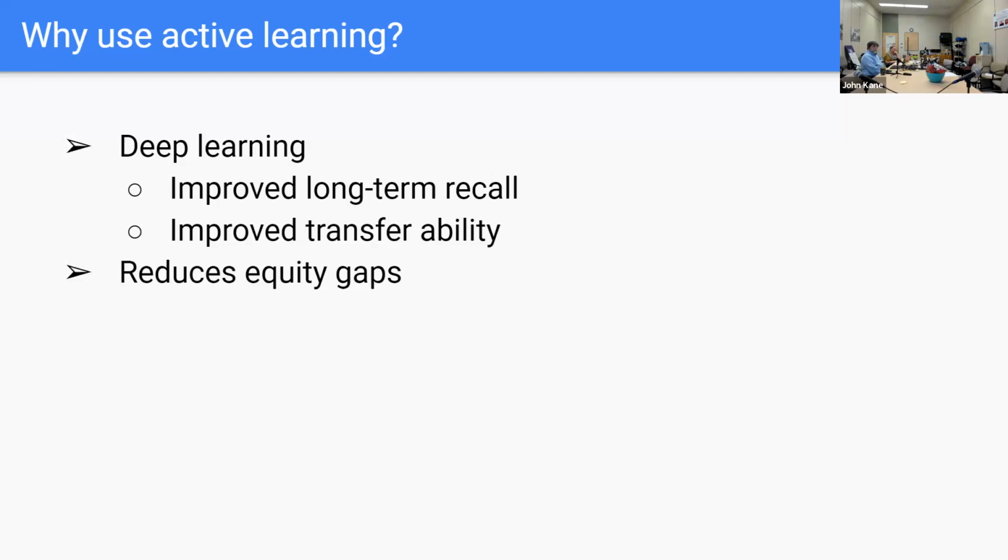And we know that students from historically minoritized groups tend to do less well. Although I should note that when you control for poverty status and when you control for first-gen status, most of the racial differences disappear anyway. So it's the poverty and the resources that students have had in the past that seem to be the primary cause of these equity gaps. But the use of active learning benefits all students, but it disproportionately benefits students who in general tend to perform less well.